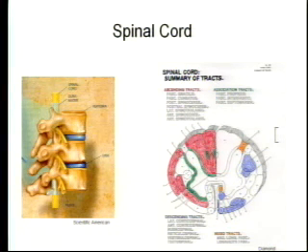What you can see here in red, this is a slice of the spinal cord. Here are what are known as the ascending tracts. They're carrying sensory messages up to the brain. Here are some descending tracts. They carry motor messages down from the brain so they can get out to the periphery. Then there are some association tracts that actually connect sensory and motor functions right at the level of the neuron.